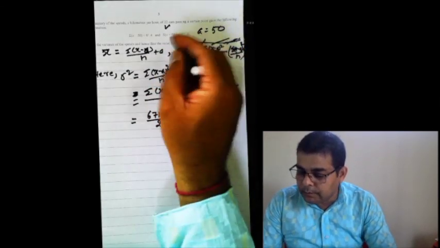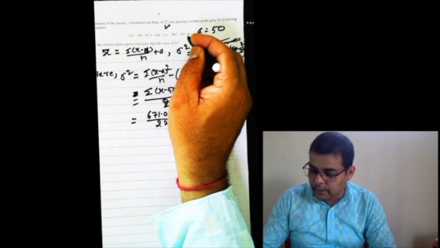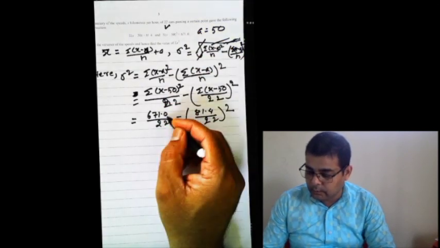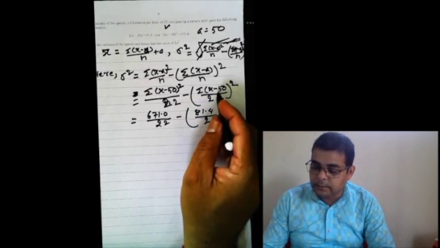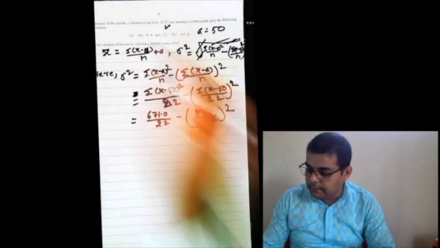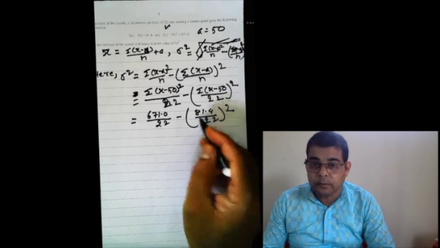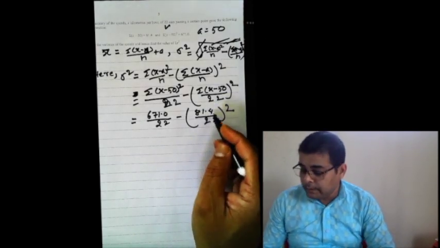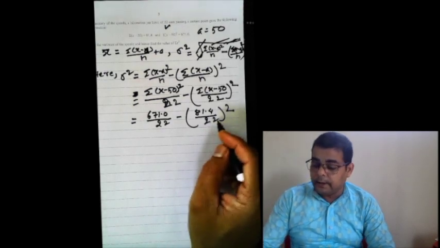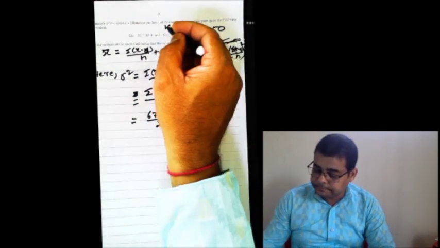So summation of x minus 50 squared is this, so I wrote here 671.0 and divided by 22, and summation of x minus 50 is 81.4, so I wrote only 81.4 and divided by 22. This is the n value as it is mentioned here.